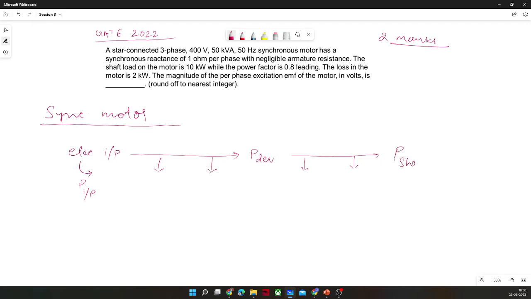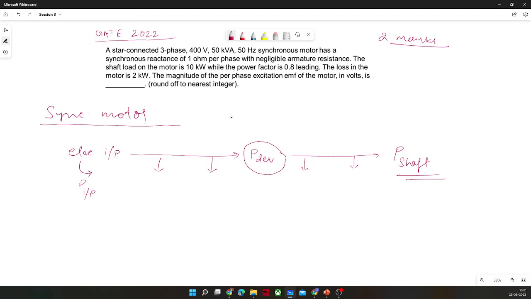So at the end, the power of motor would be transferred to the shaft. So this is the end destination of the power flow. And since the power is going into the electrical side and it is developing at the armature of the motor, some losses would be there. And these losses are related to electrical side.